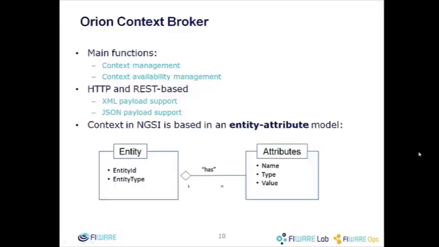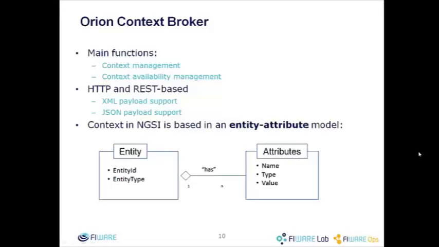From the definition I just made about entities and attributes, there's something really important that you need to think about. And this is that you don't always need Orion, you don't always need a context broker in your application.